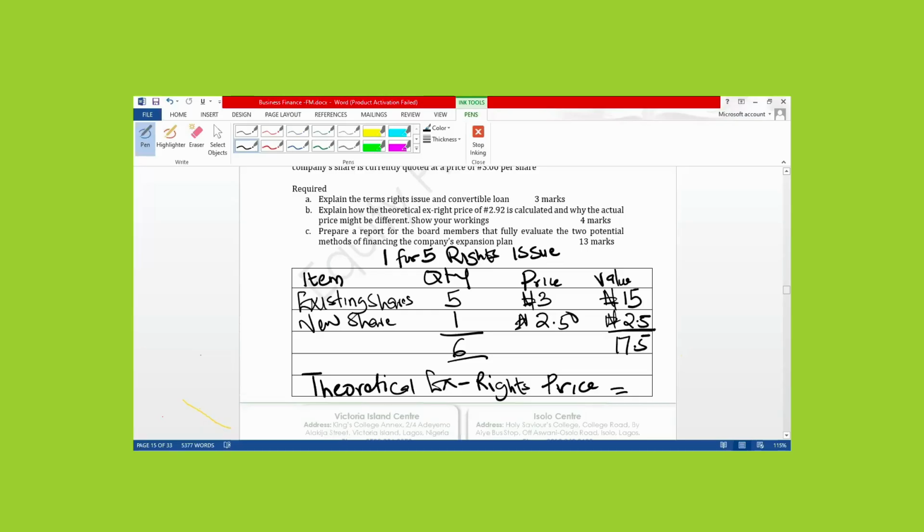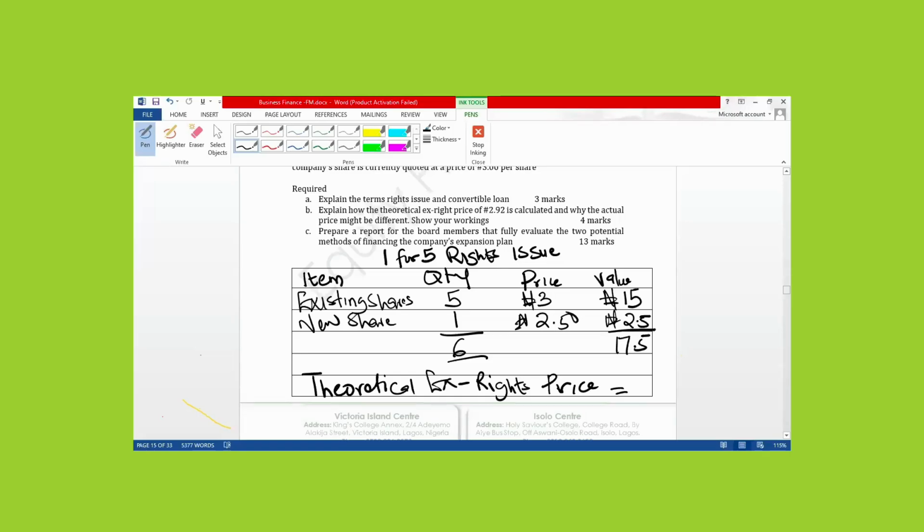What are the benefits of financing a business with rights issue? What are the risks of financing a business with rights issue? When you are done, you now go to convertible loan. What is convertible loan? What are the benefits of financing my business with convertible loan?